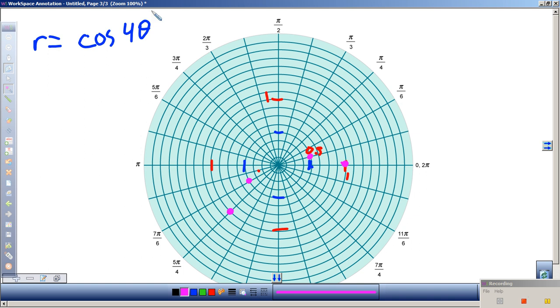At pi/2. What would theta have to be to get it to pi/2? Pi/8. Yeah, pi/8. Is pi/8 between pi/12 and pi/6? Yeah. So right in the middle. So we know it's going to go here. So we know it's going to connect like this. Down here. Out here.